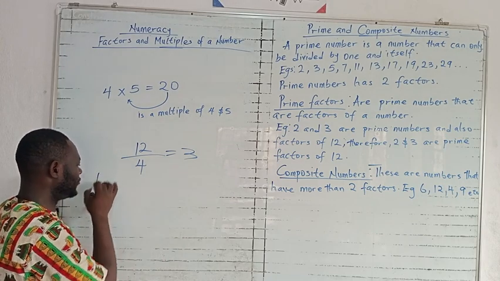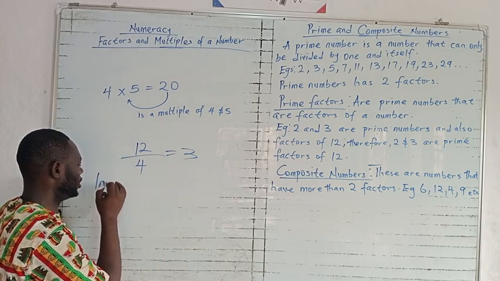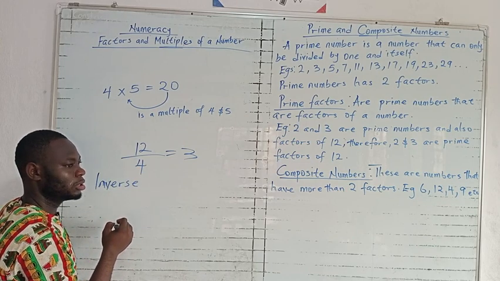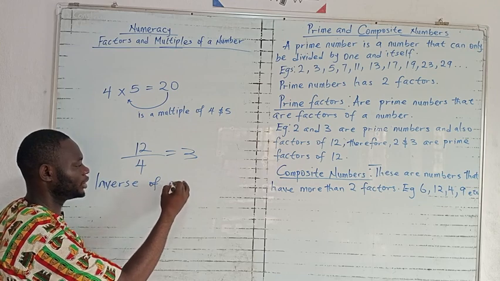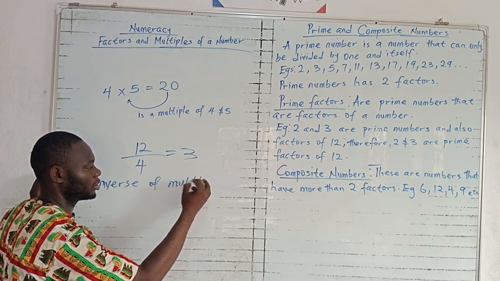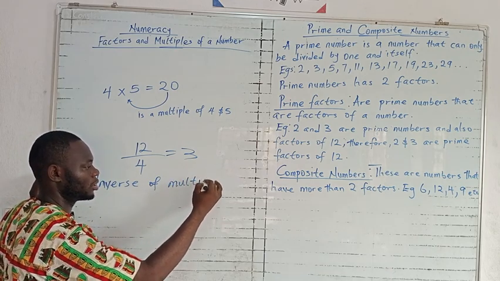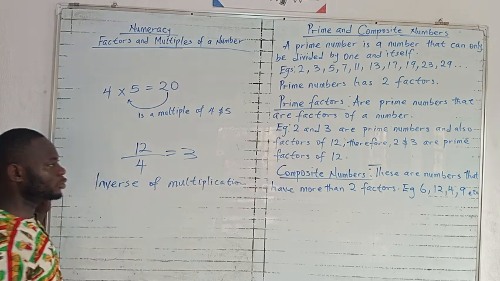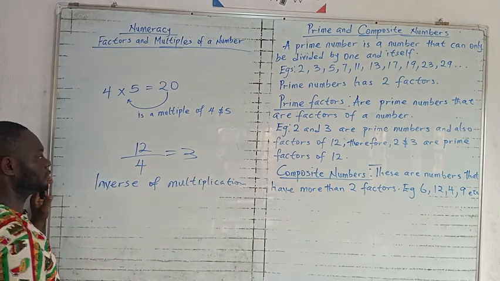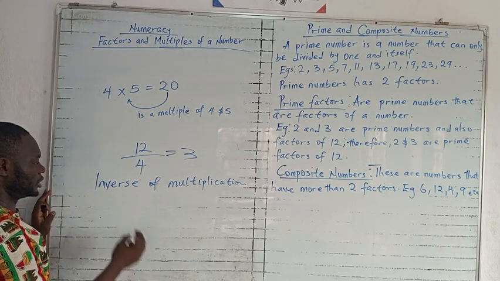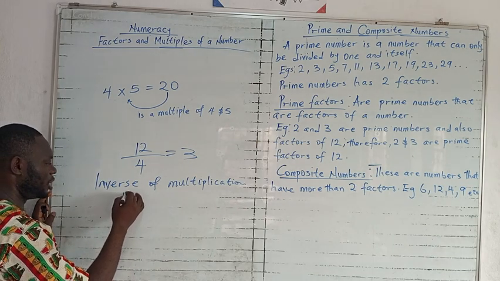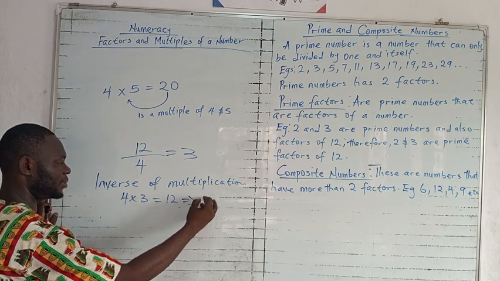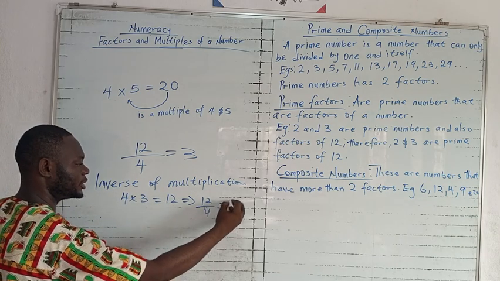Then we have what we call the inverse of multiplication, which shows that if 4 times 3 equals 12, this implies that 12 divided by 4 is 3.